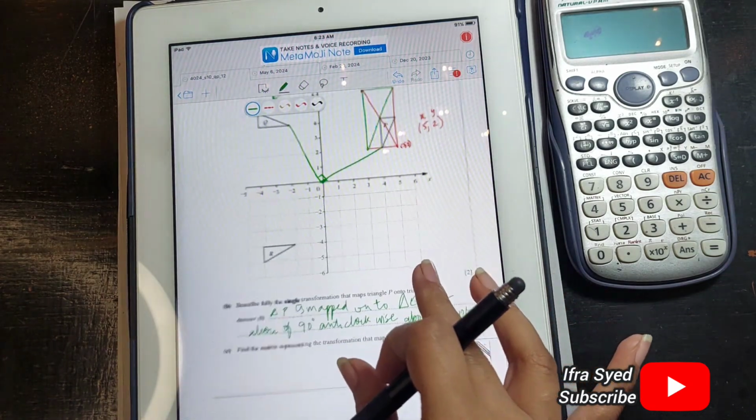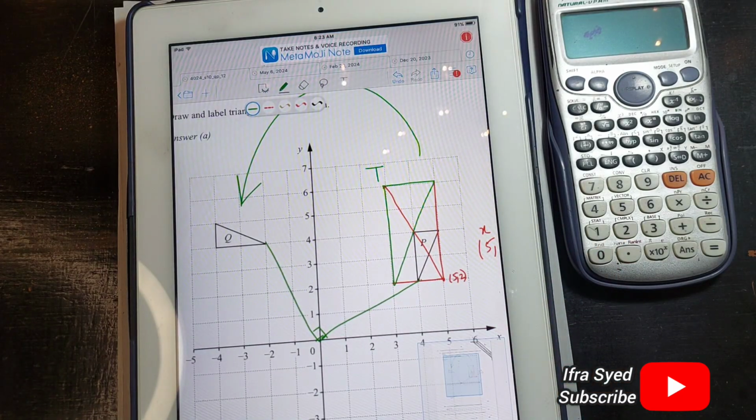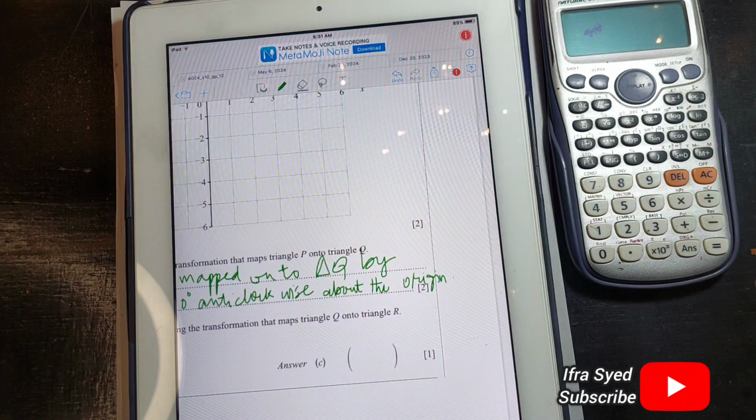So as you can see, the rotation is anti-clockwise and it is of 90-degree about the origin. So its B part is solved.